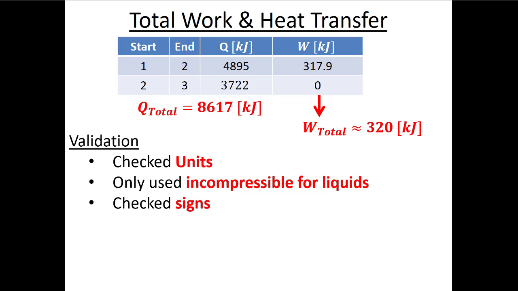I have one quick question. Shoot. What did the assumption for incompressible liquids give us? Sure. So that was, remember when we assumed that the specific internal energy and the specific volume for the subcooled liquid was the same as the saturated liquid of the same temperature? That assumption is only valid when you have an incompressible liquid.